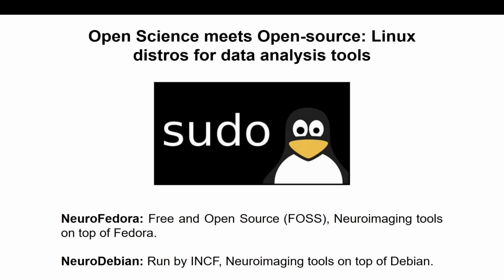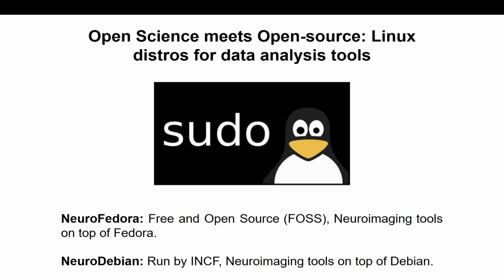And so this is where we can use something like Linux, or some flavor of Linux, to package data analysis tools so that people can use them in an environment where they don't have to worry about dependencies. They don't have to worry about having the proper software requirements. So there are two examples of where we can use a Linux distro to package data analysis tools and present them to people in the community, sometimes with fairly low technical standards.